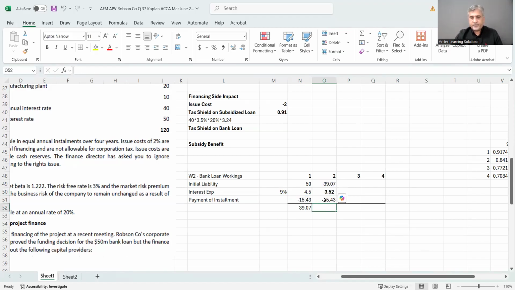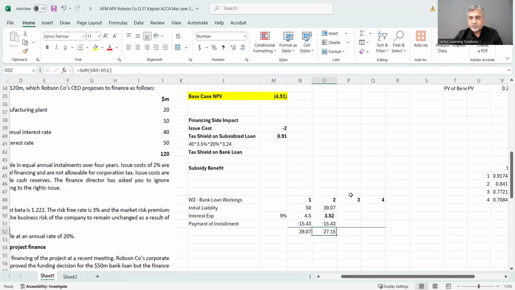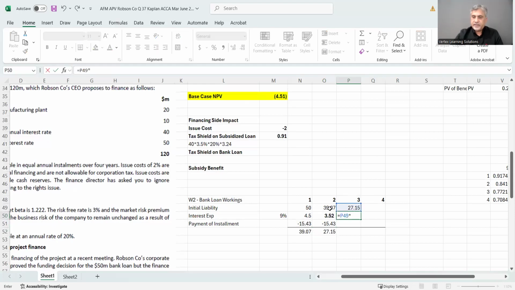In the 3rd year, I multiply this with 9%. And why am I making this table? Because you see your interest payments are changing, and I'm showing you whether you are going to close this loan with this amount or not.